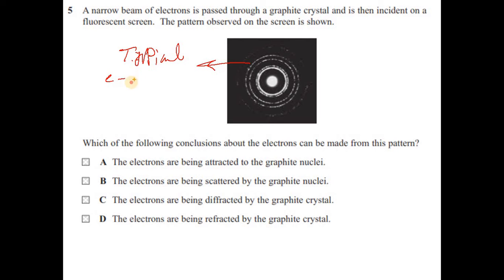Remember, electron diffraction. So which of the following conclusions about the electron can be made from this pattern? The electrons are being attracted to the graphite nuclei. No, the electrons are being scattered. This is not a scattered pattern. The electrons are being diffracted. Yes, so option is C.